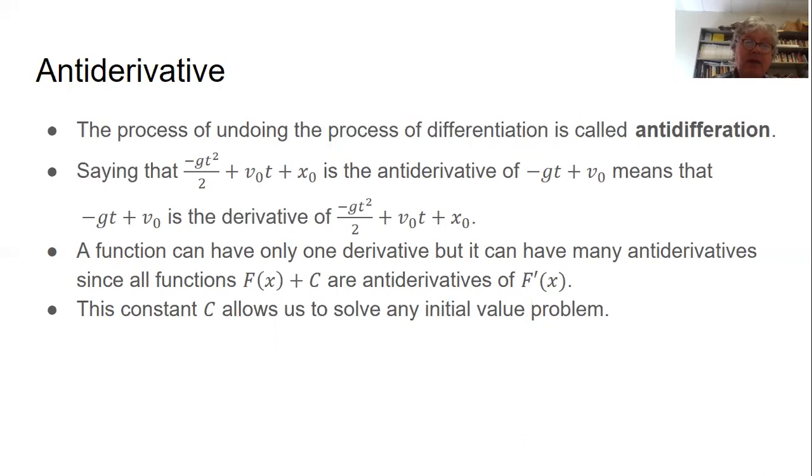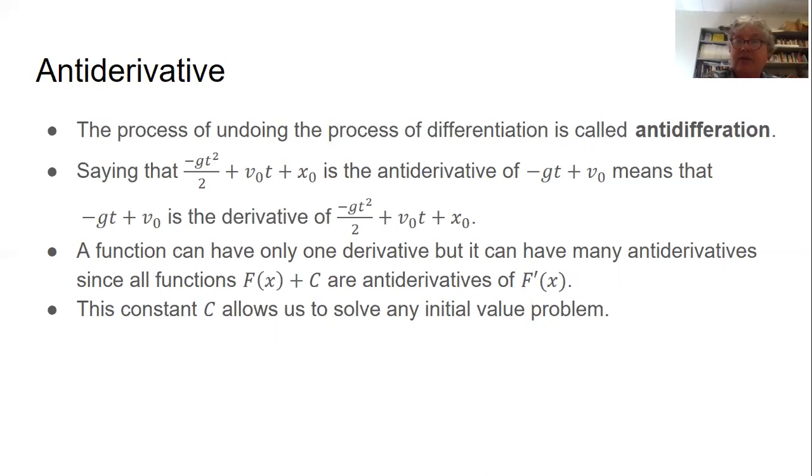Okay. Now, remember, a function can have only one derivative, right? Because that's the slope at that point. But it can have many antiderivatives, since all functions f(x) + c are antiderivatives of the derivative of f. And that's true because if you look at a whole bunch of parallel functions, they're going to have the same derivative because they're going to have the same slope.